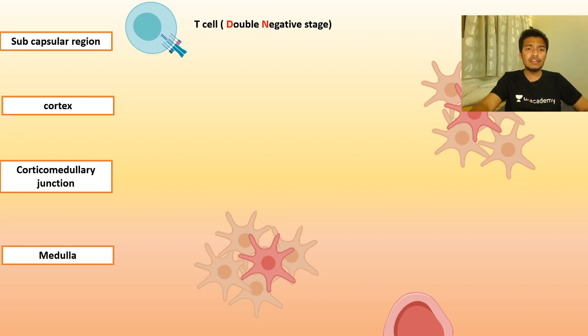Because they have neither the CD4 co-receptor nor the CD8 co-receptor. They don't have CD8, don't have CD4, so they have nothing, right? They only have the T cell receptor, but the T cell receptor is not ready yet for recognizing things. That's why they are known as double negative.